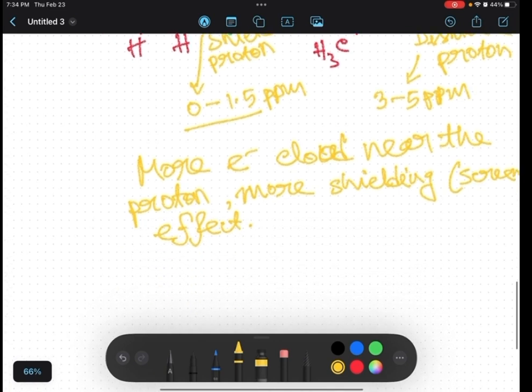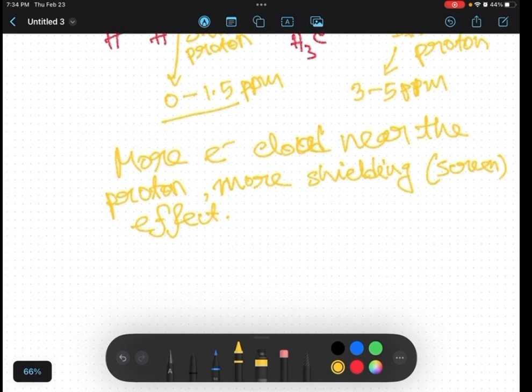Okay, so I hope you already understand the electron effect. So the proton easily gets the magnetic field and shows up downfield. The proton having shield shows up upfield.